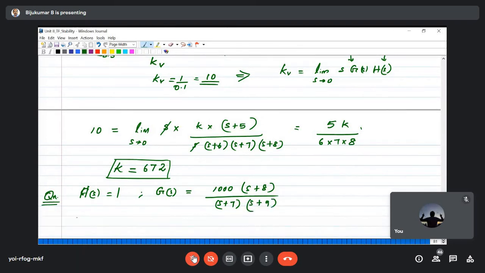So what you have to do is, first of all, find the steady state error for the step, ramp and parabolic input.